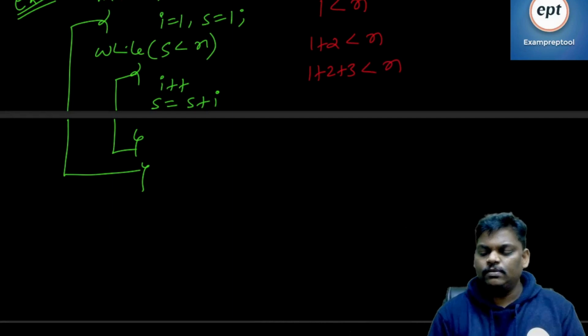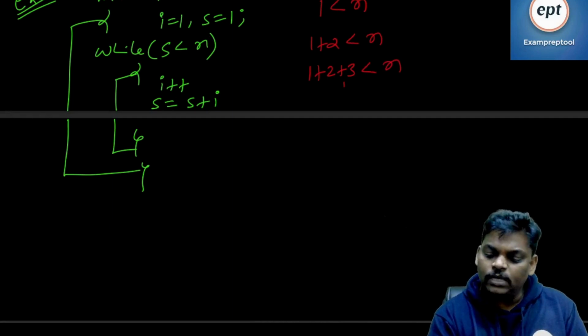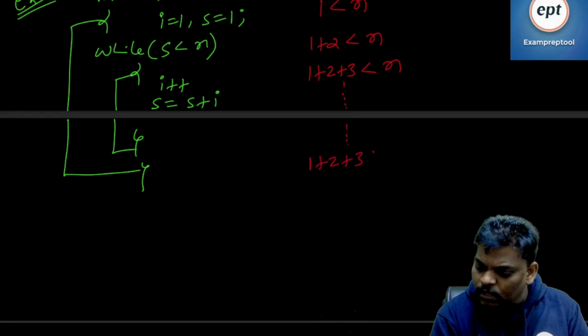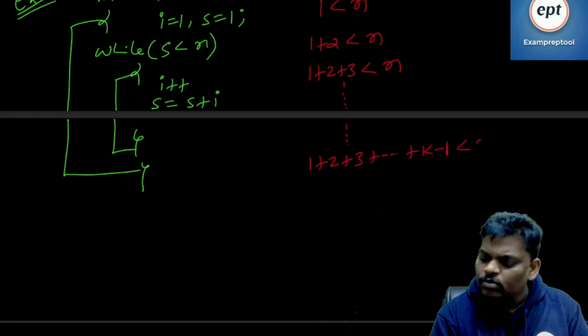Continue like this. Let us assume that we continue like this k times. 1 plus 2 plus 3 and so on up to k minus 1 is also less than n. No problem till now.